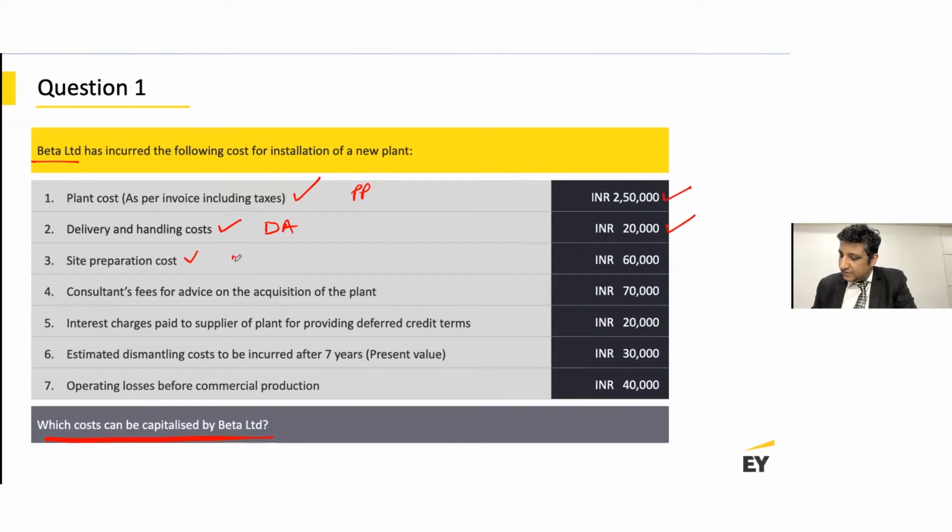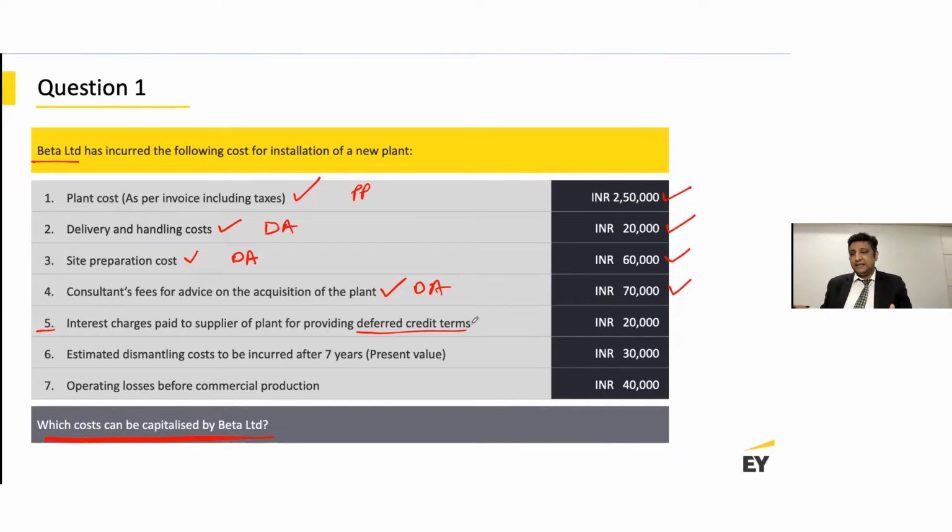And this is also applicable to site preparation costs. So 60,000 will be added. Consultant's fee on the advice on the acquisition of the plant of 70,000 rupees is also an example of a directly attributable cost. If you look at the next information, interest charges paid to supplier of plant for providing deferred credit term.